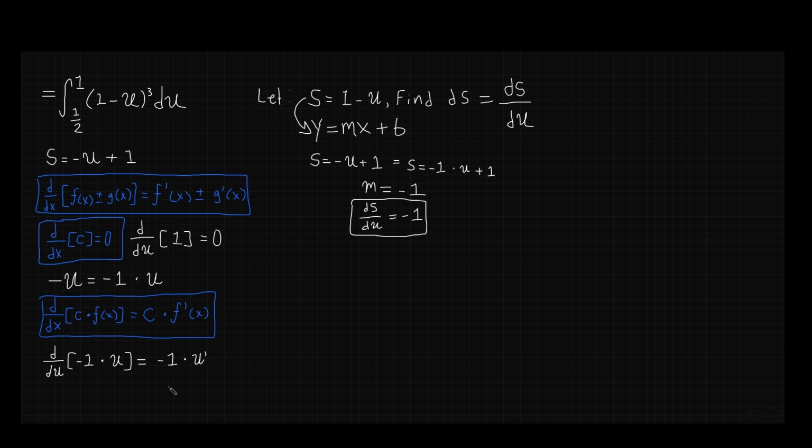The derivative of -1 times u is going to be -1 times the derivative of just u. So the derivative of -1 times u with respect to u is going to be equal to -1 times the derivative of u.